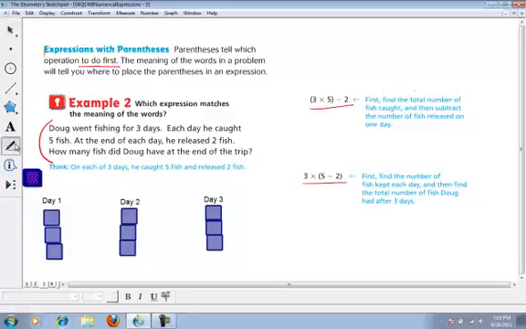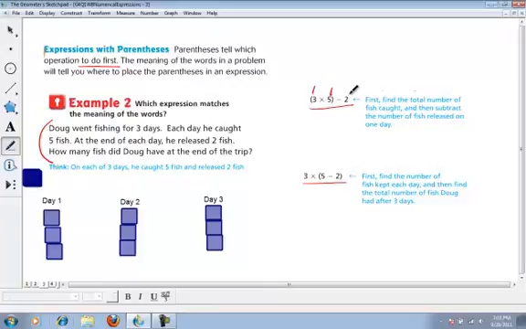Let's take a look at these expressions and see which one matches this situation that we just figured out. Now, with this situation, we're doing 3 times 5 first. Remember that 3 is the number of days, and 5 is the number of fish that he caught on each day. Well, this expression is saying that first we need to find the total number of fish caught all together, and then just subtract 2, which is the number released on 1 day.